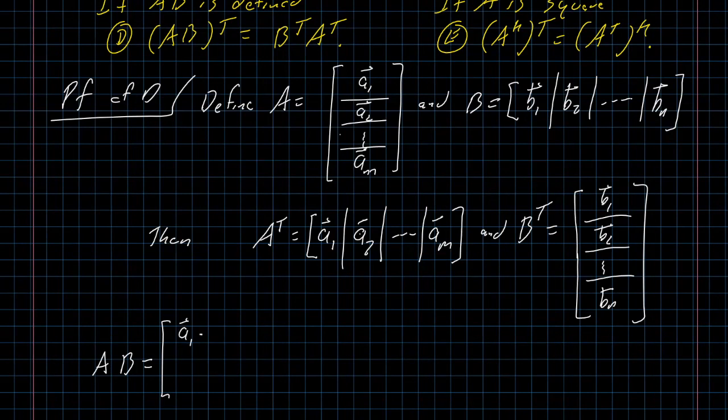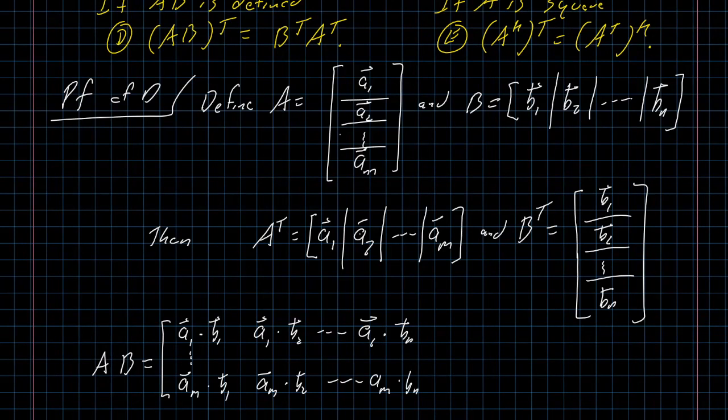So A1 dot B1, A1 dot B2, all the way down to A1 dot Bn. And we'll do that with the second row, and the third row, and keep doing that until we get all the way down to Am dot B1, Am dot B2, all the way down to Am dot Bn.